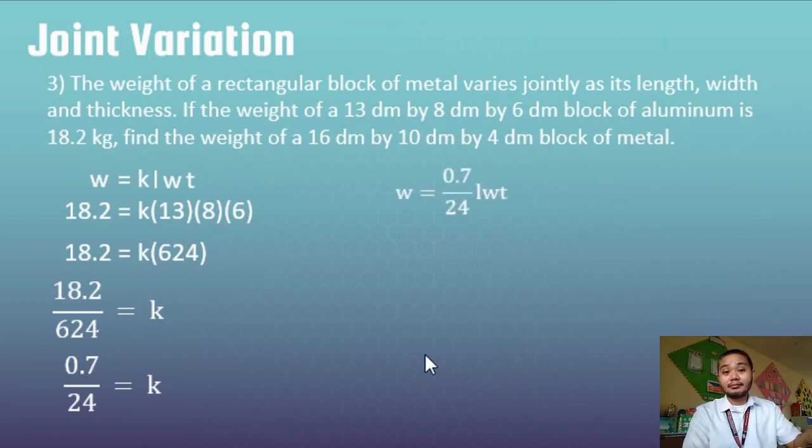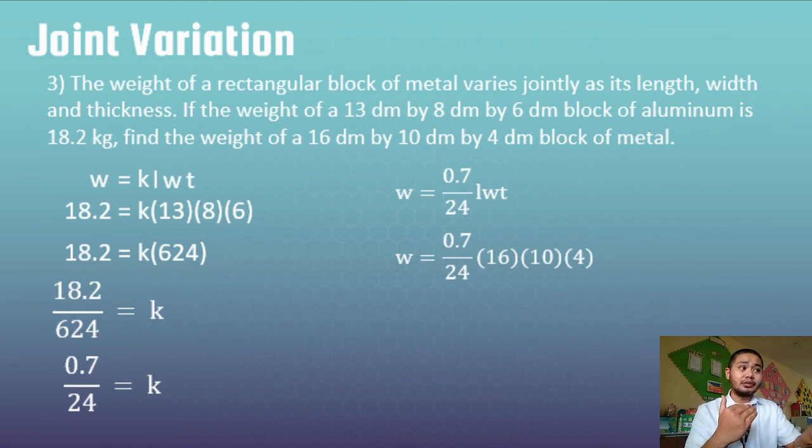Ayan siya. Next, ang tinatanong ngayon, ano daw yung magiging weight ng block of metal kung yung dimension niya ay 16 dm by 10 dm by 4 dm. So palitan lang natin yung LWT ng 16, 10, and 4 respectively. Ayan siya. So solving for that one, yung numerators muna. So actually, kapag nagmumultiply tayo ng fraction by a whole number, we multiply that whole number to the numerator.